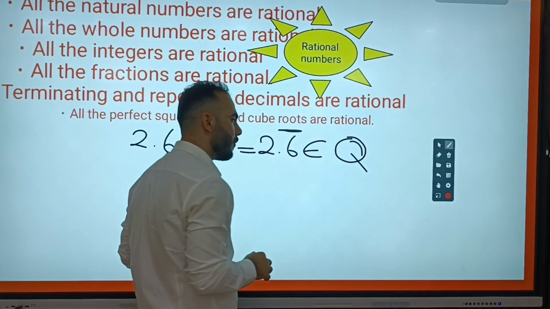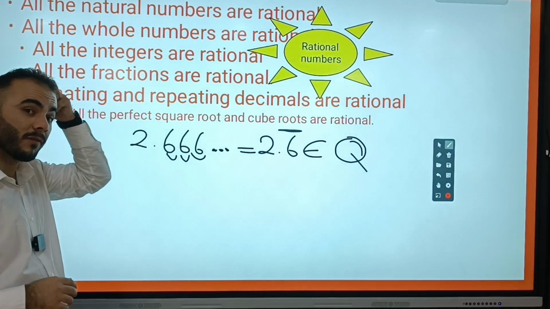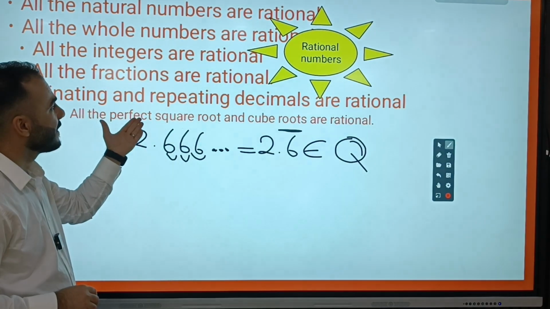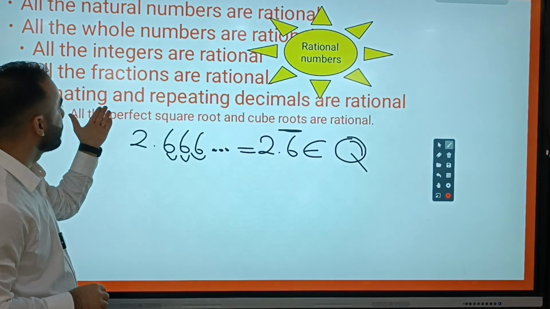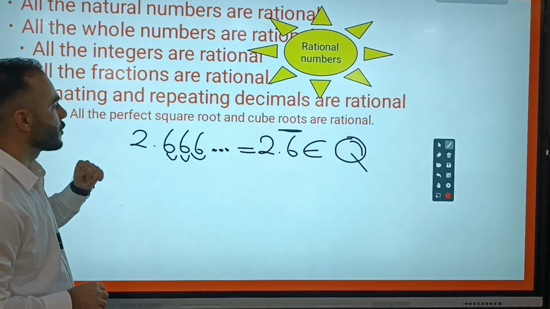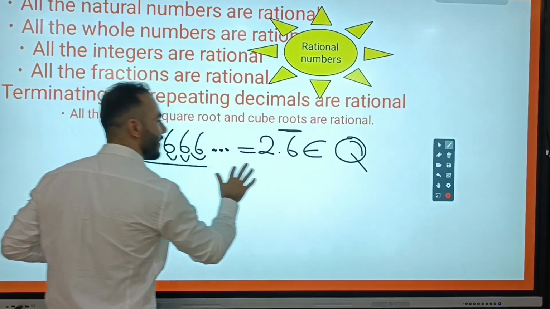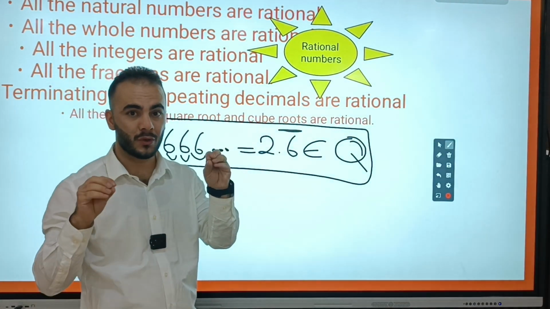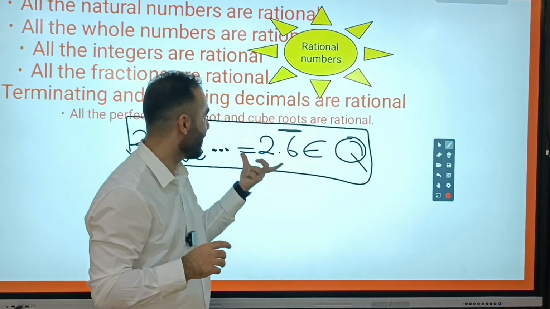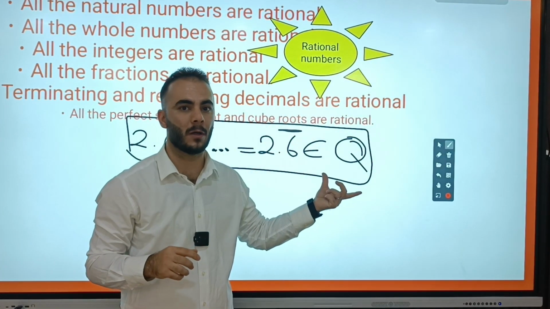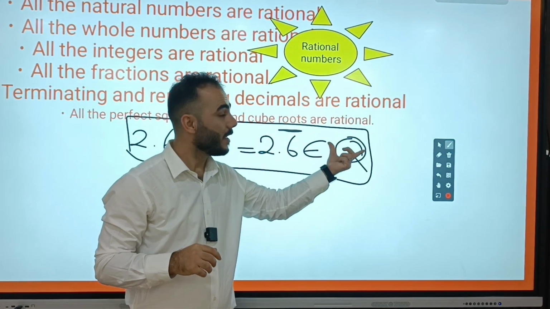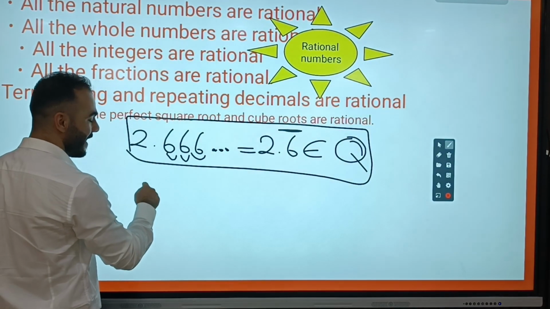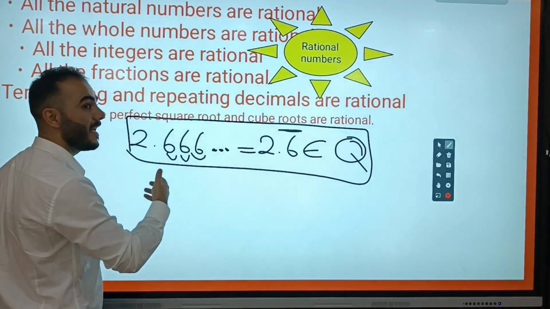So these are the notations of sets of numbers. I am really sorry, guys. I want you to just listen to me carefully. This is a repeating decimal. So a repeating decimal is a part of rational numbers, and a terminating decimal is a decimal that has an ending digit.